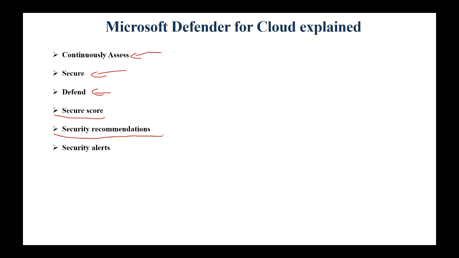You implement a recommendation by following the detailed remediation steps provided in that recommendation, and for many of the recommendations, Defender for Cloud offers a fix button to automate the implementation of that recommendation. And then lastly, you have the security alerts.